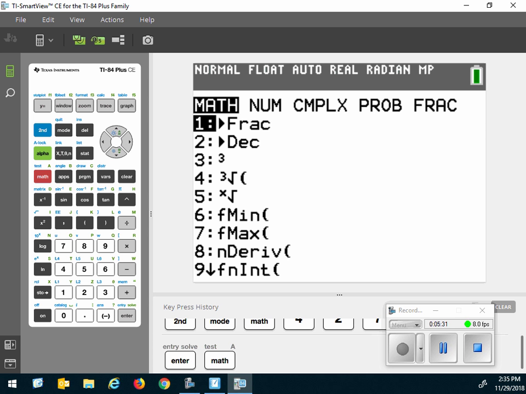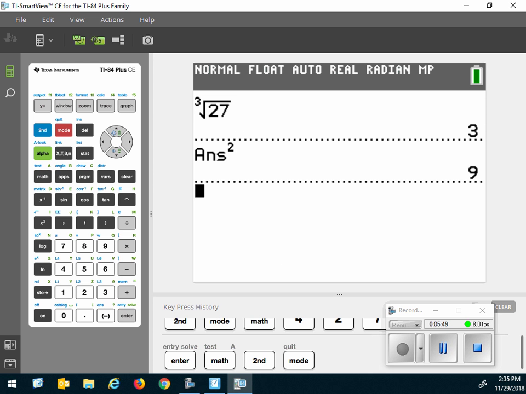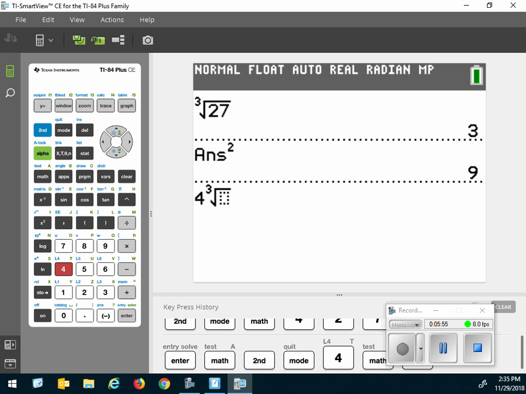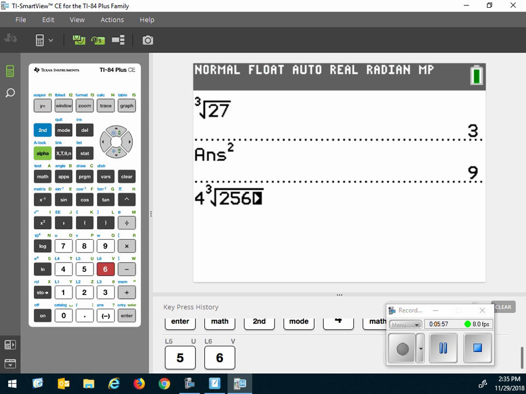We're going to use option 5, but do you notice that it's just got a little x as the root? All that means is for any root more than the third root or cube root, put the number and then go get this button 5. So we're going to do the fourth root, so type in 4 and then go to option 5 of 256.